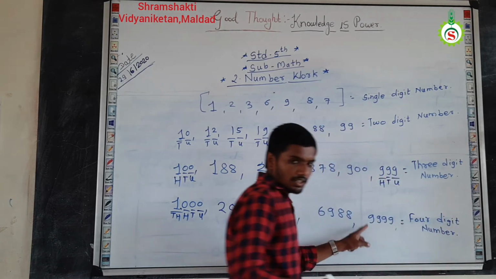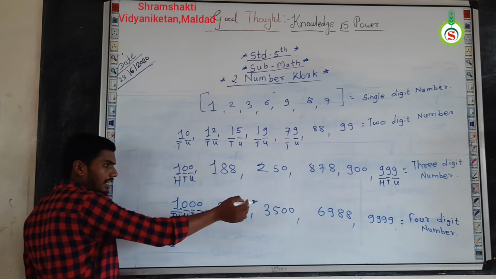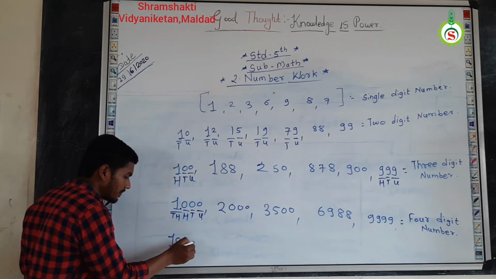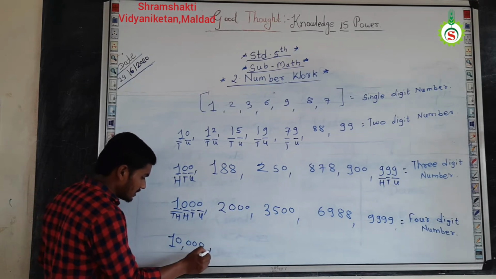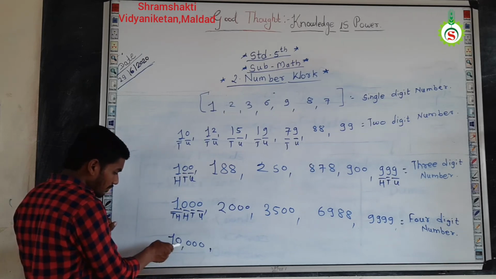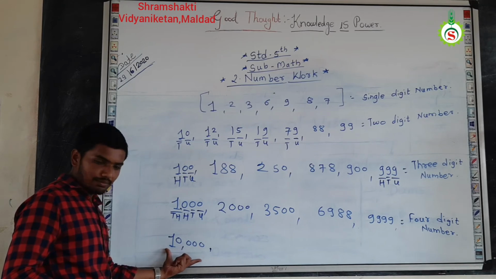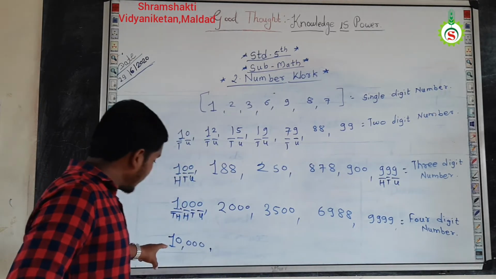Okay, understand? 4-digit number. Now, after the 9999, which number will come? 10,000. Now that 10,000 has how many digits? 1, 2, 3, 4, 5 digits. Okay. So if that number contains 5 digits, that means 5 digit numbers start from which number? 10,000.